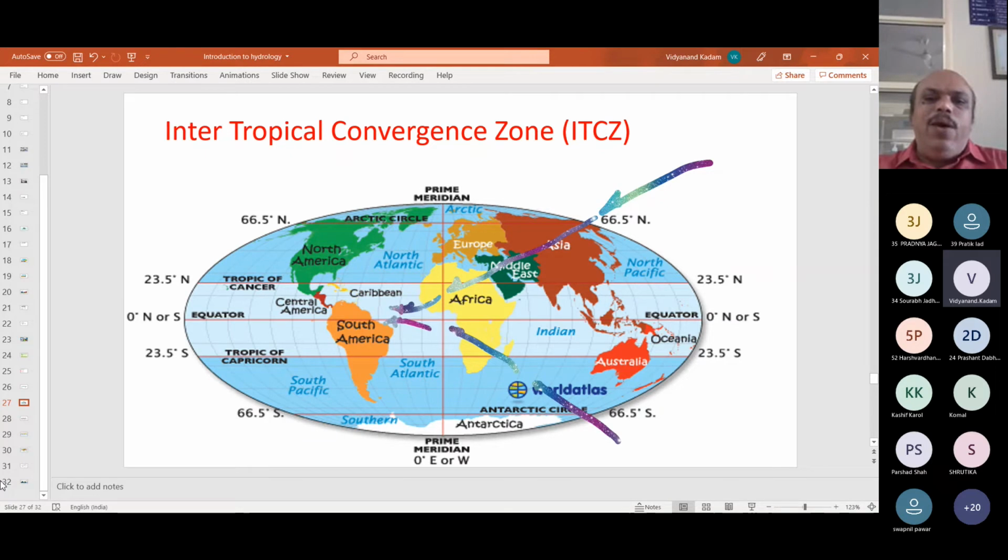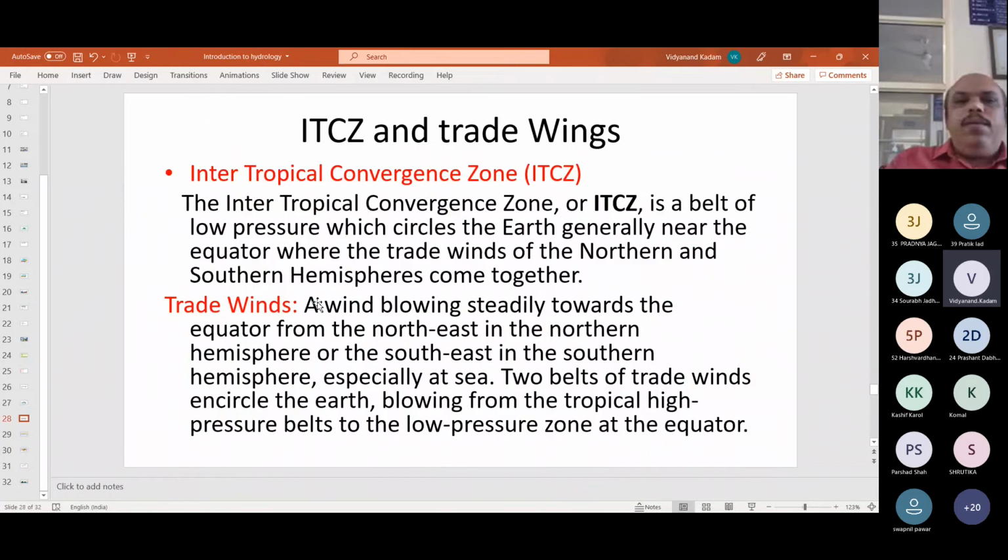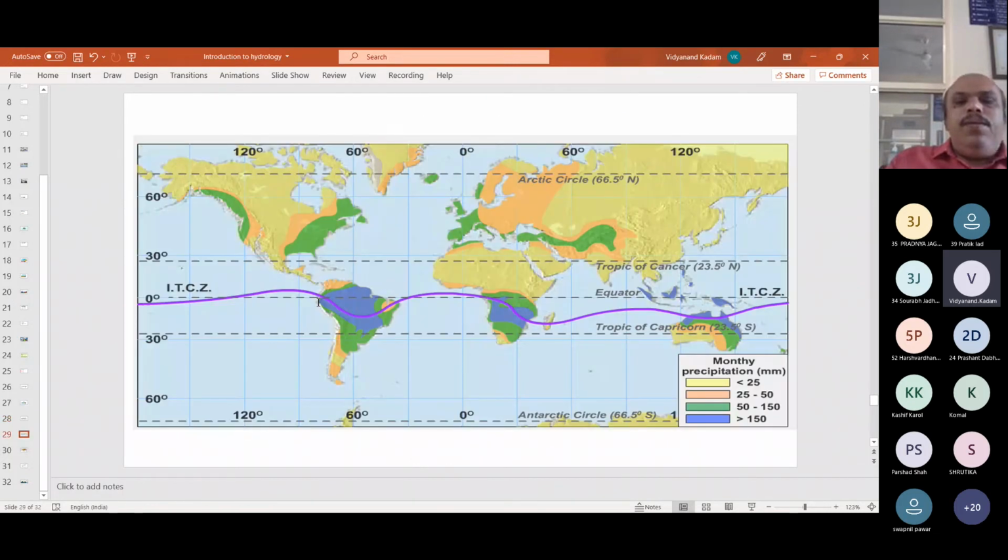And on the equator, the convergence takes place, and this intertropical convergence zone is developed. Okay. So in this figure, we can see this ITCZ, which is almost parallel to the equator. So now it is clear to you what is ITCZ and what is trade wind.